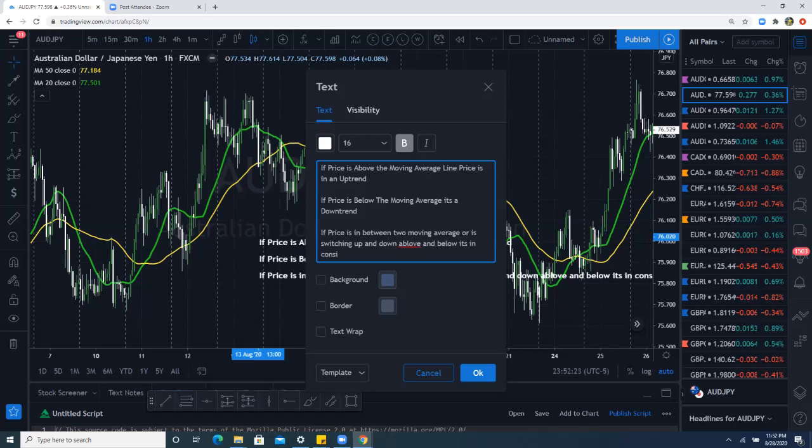And you shouldn't really take a moving average. When it's in consolidation, don't really pay attention to moving averages. A rule about moving averages is they're best when the market is trending either up or down.